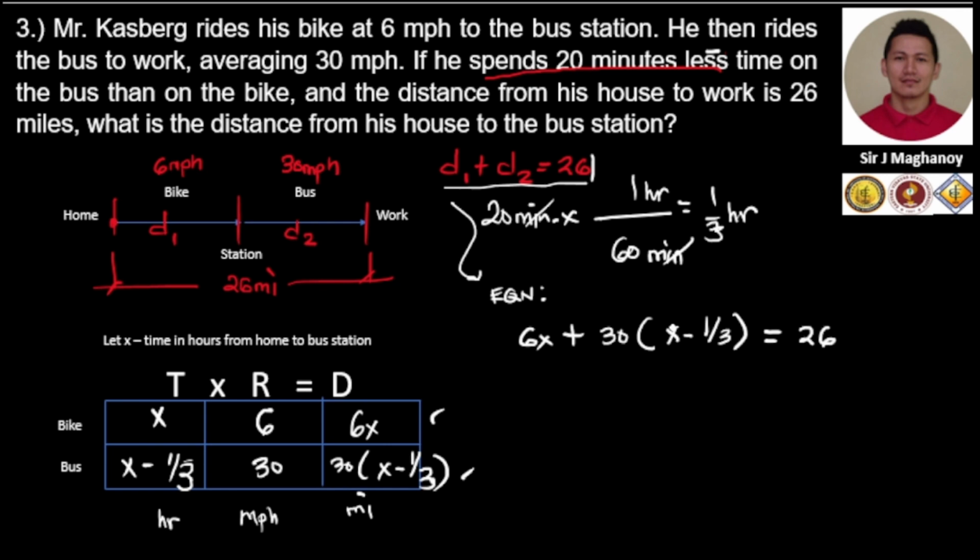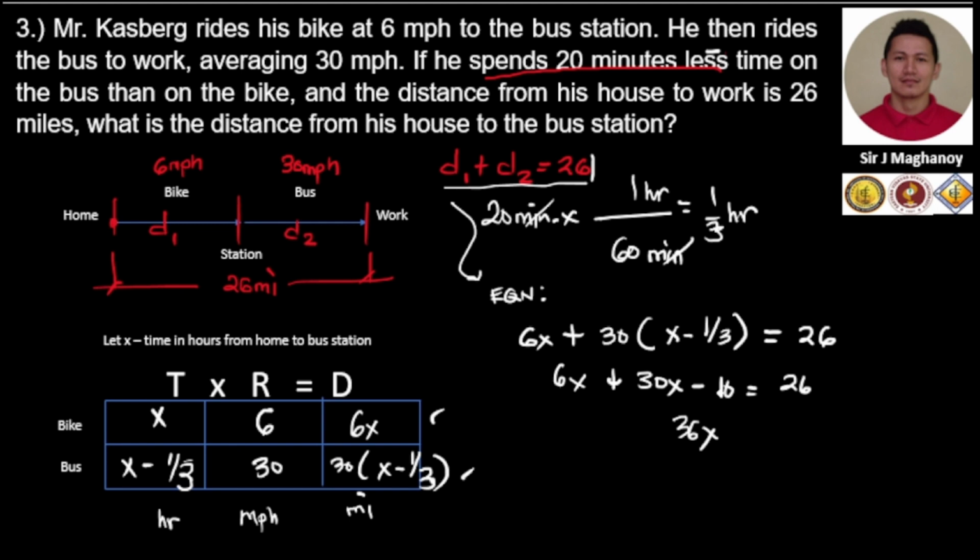Solving for x, we distribute to the inside quantity, so that will become 6x plus 30x minus 30 times 1/3, which is 10, equal to 26. So this will become 36x.